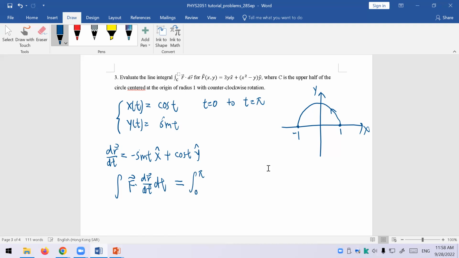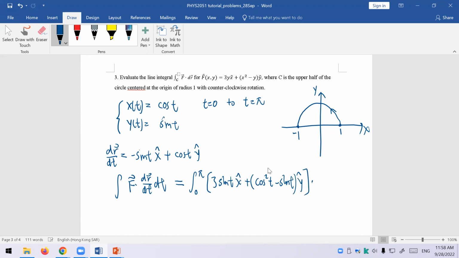So from 0 to pi, and then now the field f, right? So now I have this 3 times sine t x hat plus x squared minus y, right? So cosine square t minus sine t. So this is my field f, right?